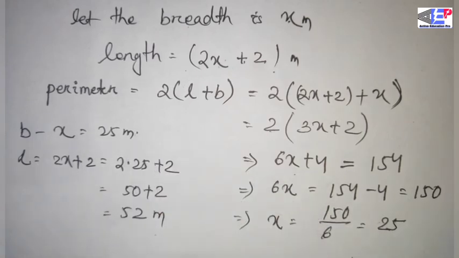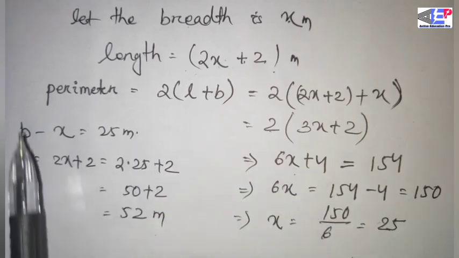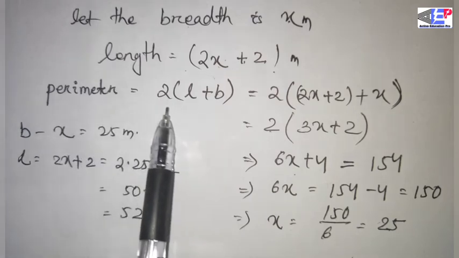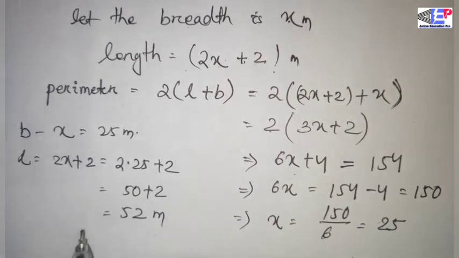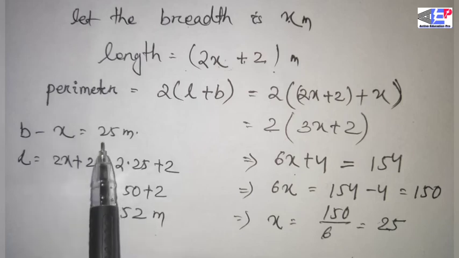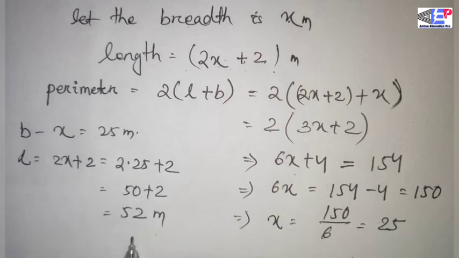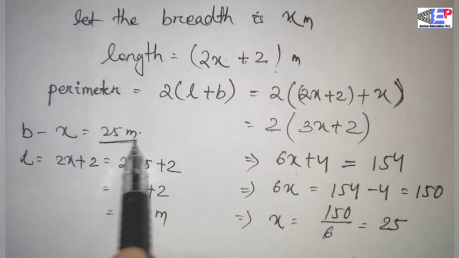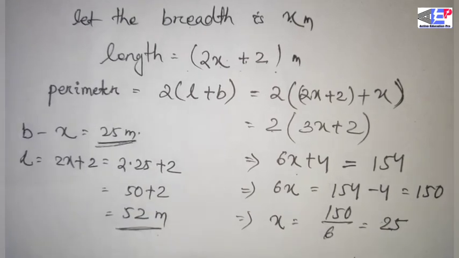You can check it by applying the perimeter rule, 2 into (L plus B): 52 plus 25 is 77, and 2 times 77 is 154 meters. That is your answer: breadth is 25 meters and length is 52 meters.